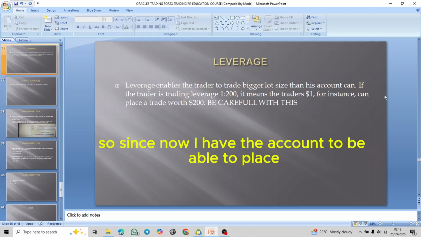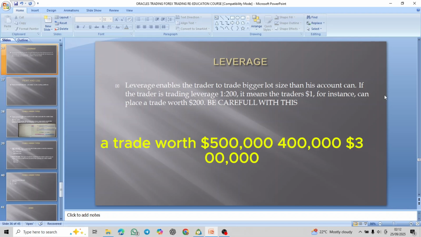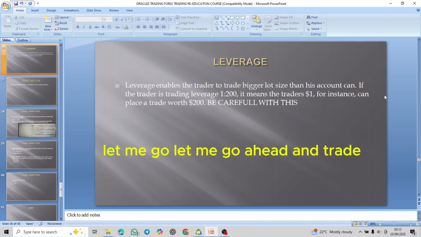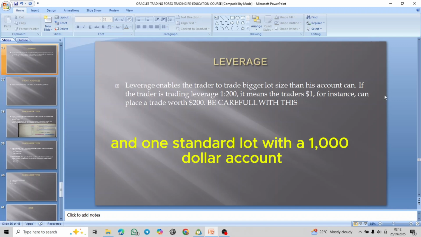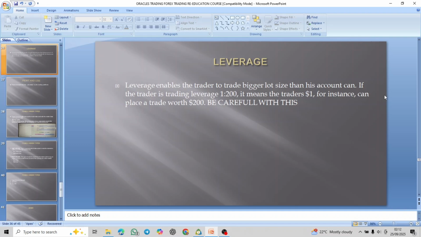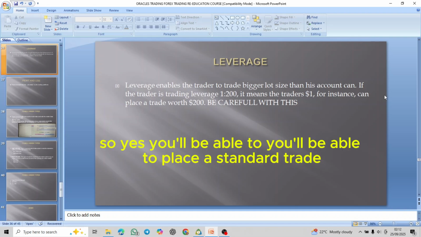Since now I have the account to be able to place a trade worth $500,000, $400,000, $300,000, let me go ahead and trade one standard lot with a $1,000 account. So yes, you'll be able to place a standard trade.